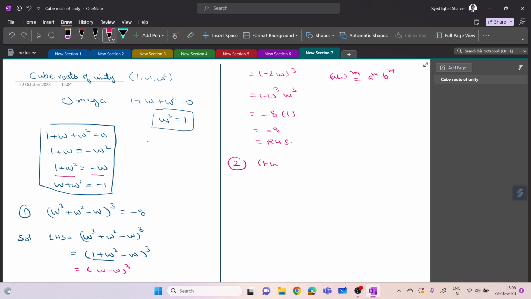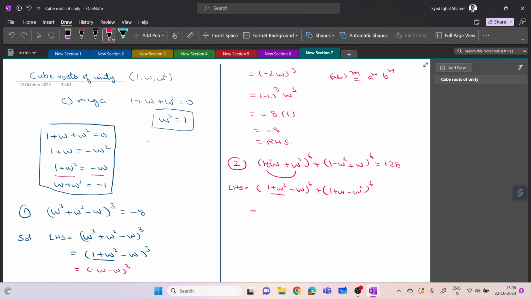What it says: (1 minus omega plus omega square) whole to the power of 6 plus (1 minus omega square plus omega) whole to the power of 6 equal to 128, we have to prove. So this is the left hand side. 1 minus omega, so 1 plus omega square, I am writing this, minus omega whole to the power of 6, and this is (1 plus omega minus omega square) whole to the power of 6.